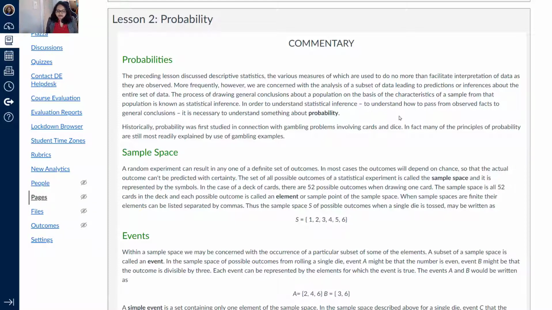Or let's say in a gambling situation, I have a deck of cards, and in a deck we have 52 cards, and I'm going to draw, let's say, 4 cards. Among those 4 cards, 4 will be aces. What are the chances?